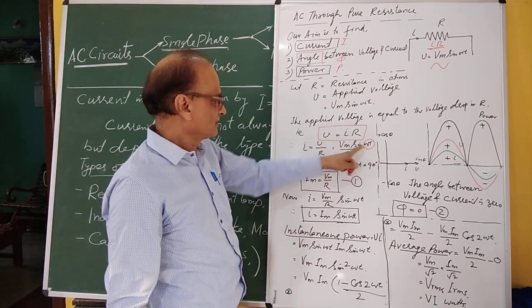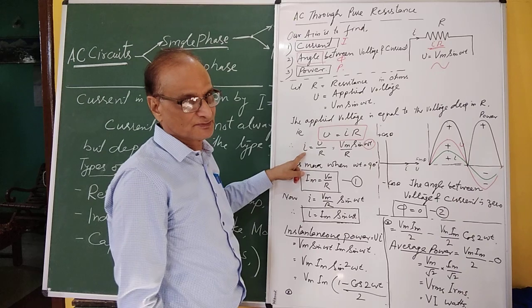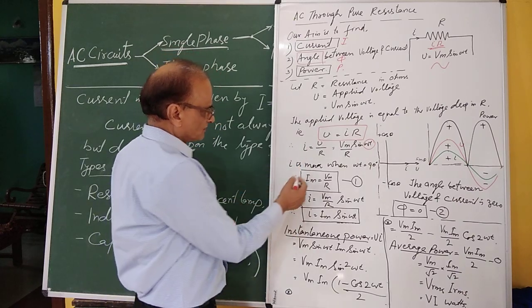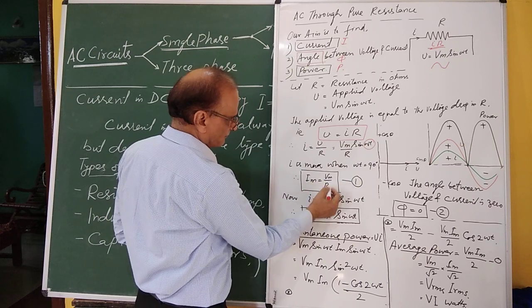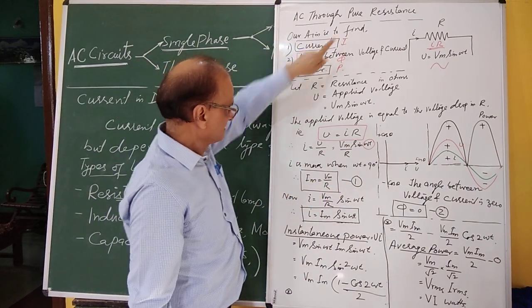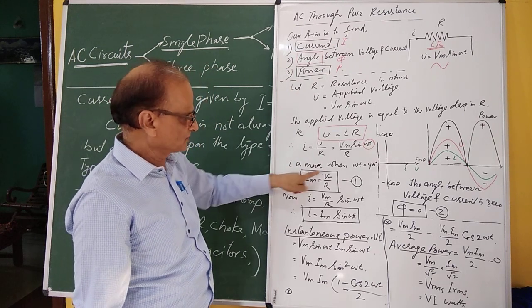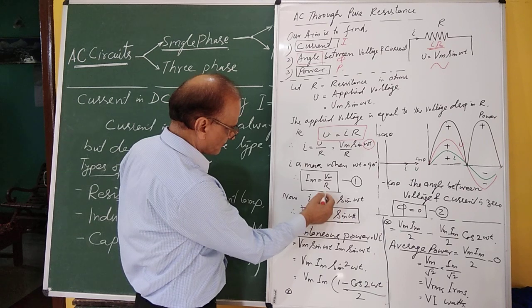When theta is 0, i is 0. When theta is 90, i is maximum. So when theta is 90, sin 90 is 1, so Im will be equal to Vm by R. So this is the first relation of current. Maximum value of current is equal to maximum voltage divided by resistance. So substitute this value of Im here.